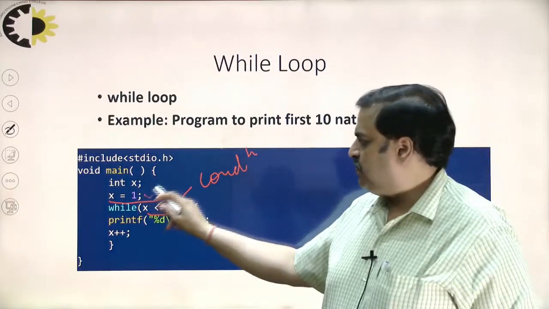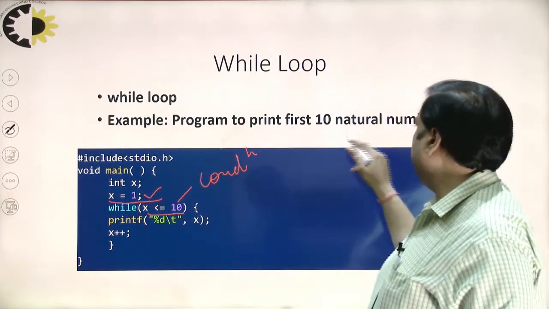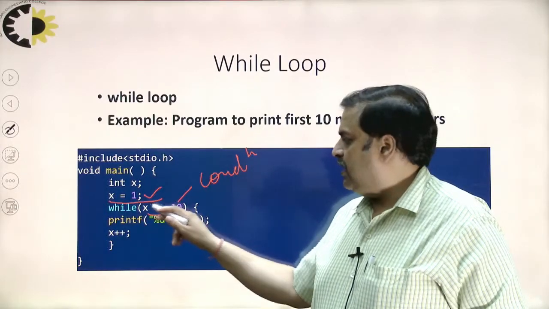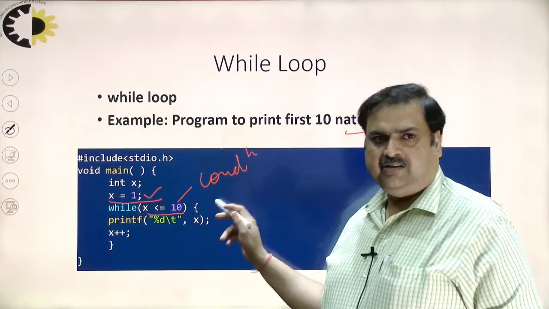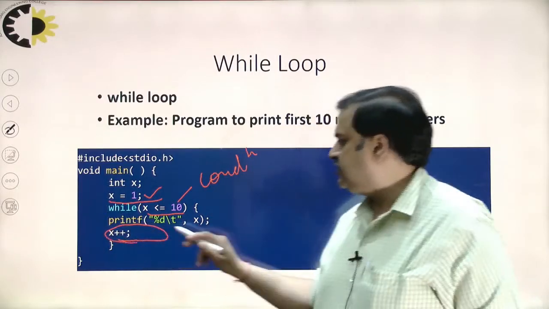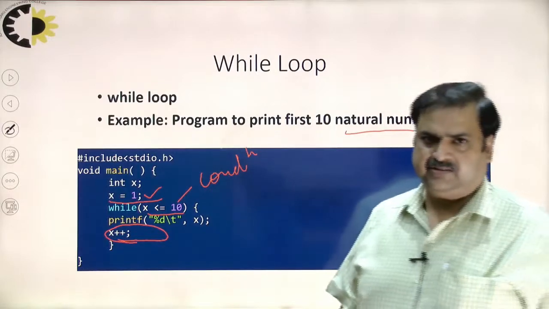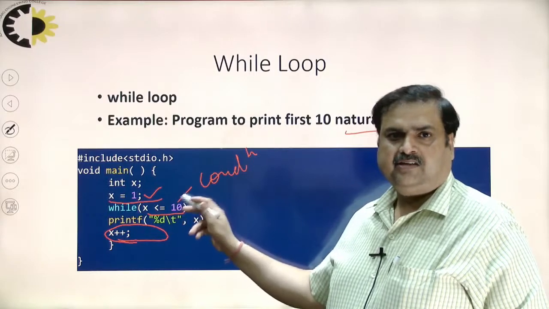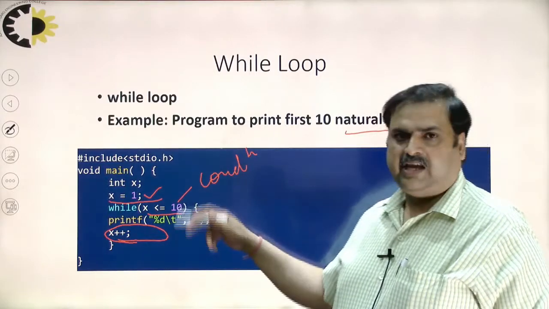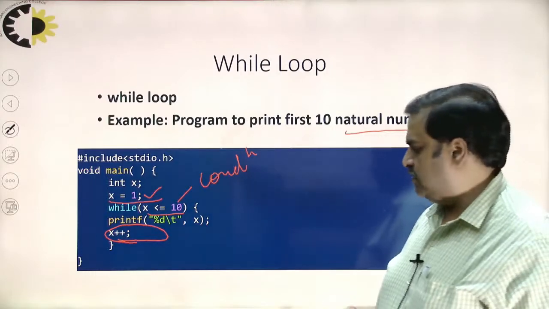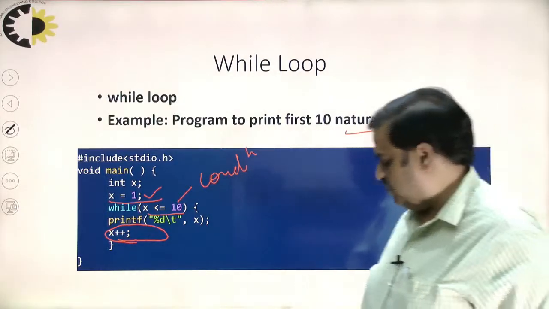We started from 1 because we are working on natural numbers. While x is less than or equal to 10, we simply print, and this statement changes the value of x, which leads to the condition changing. Whenever x moves to 11, the condition becomes false, and we come out of that loop.